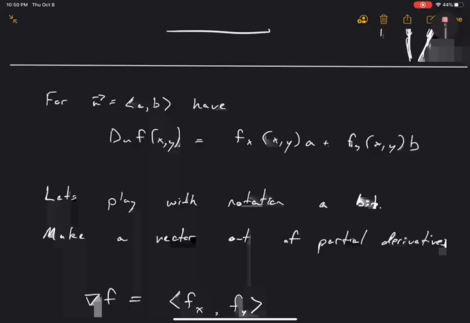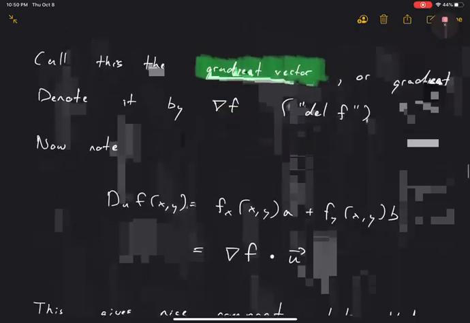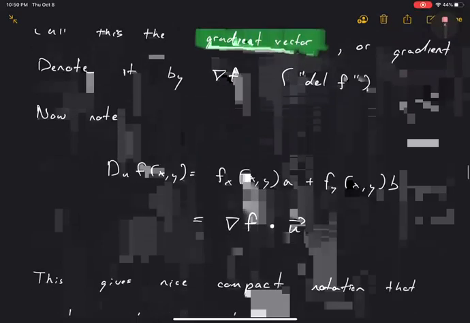So how can I think about that sum? Well, that's a dot product, right? So I've rewritten my sum here. If this is the x component of my del f, and this is the y component, I can think of that sum as the dot product of the vector del f with the vector u, because remember, u is the vector (a, b).